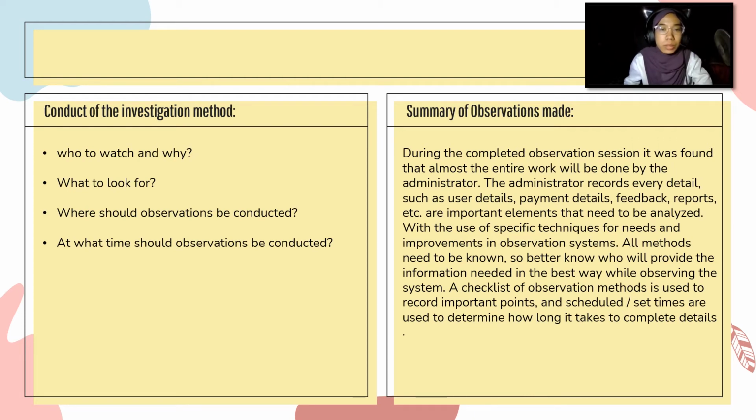Administration and storage of all statistics and information. The administrator, user, family detail, feedback, report, system interface, etc. are important elements that need to be analyzed. Why should observation be conducted? Observation should be made throughout the reservation system.